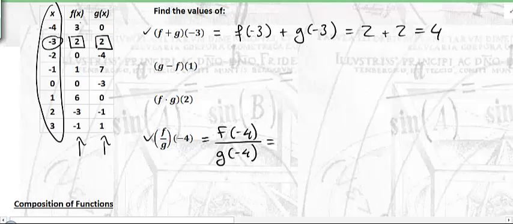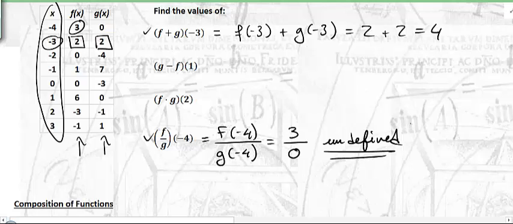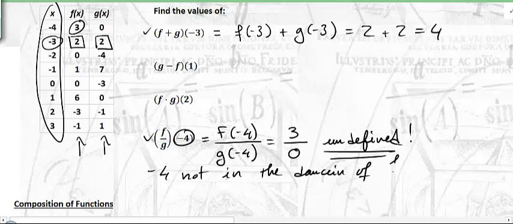So what is f of -4? 3. What is g of -4? 0. Uh-oh, this is just undefined, and that's okay too. That means -4 is not in the domain of f over g.